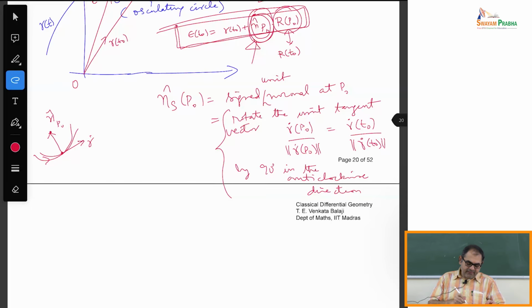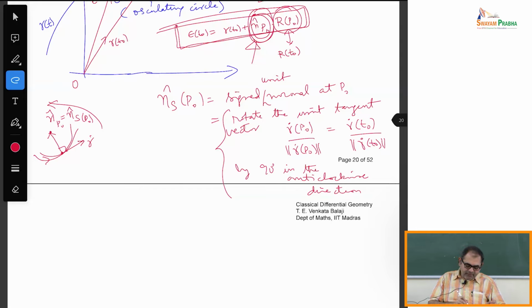If you rotate the unit tangent vector in the anticlockwise sense, you will again get the signed unit normal. So here there is no problem, but if you just reverse the orientation, you will be in trouble.